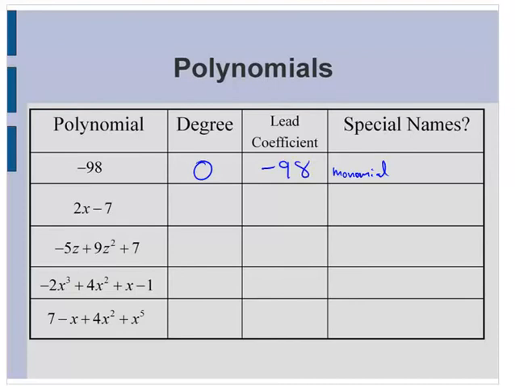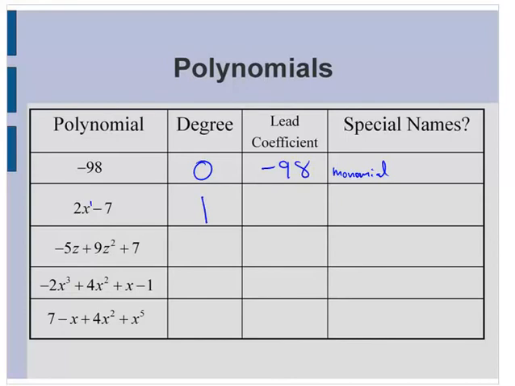2x minus 7. All right, so let's consider the degree. Well, the degree of the first monomial is 1, right, because there's an x to the first. And the degree of the second monomial is 0, because there's no variable present. So the degree of the polynomial is 1.